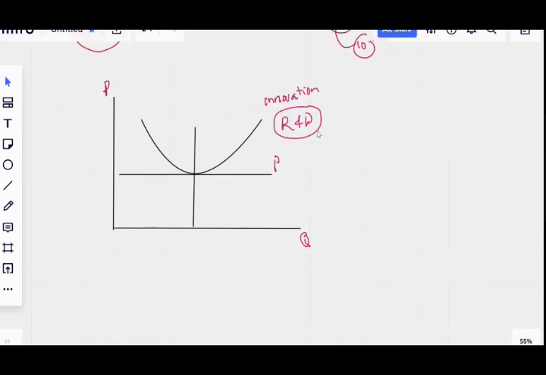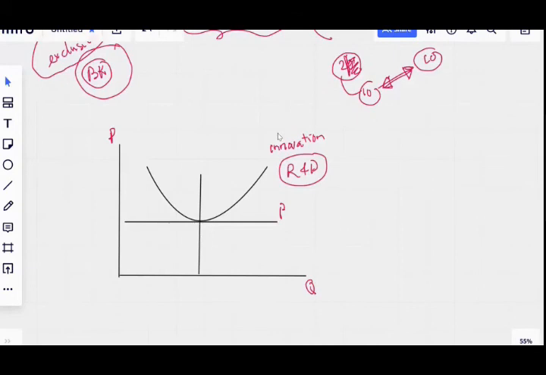Because they realize that if I do not improve, somebody else is going to improve, and I'm going to lose the market. What happened to Nokia? So realize in a market, your survival strategy is very simple. You have to continuously do research and innovation, and then you survive. And if you do not do research and innovation, you are going to be dead, back to normal profit.